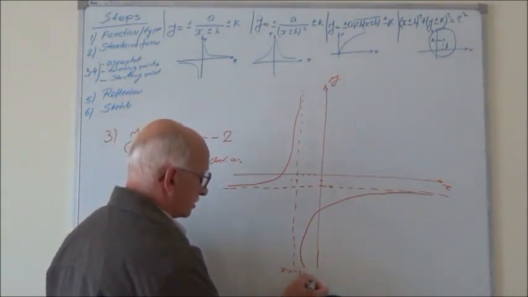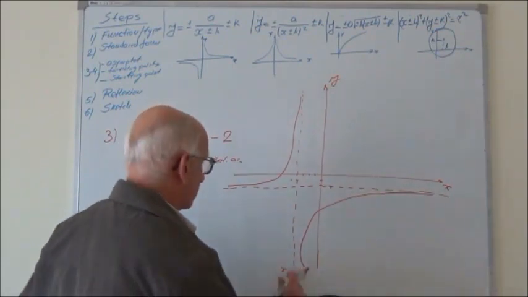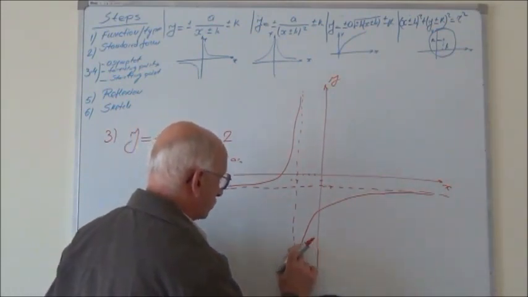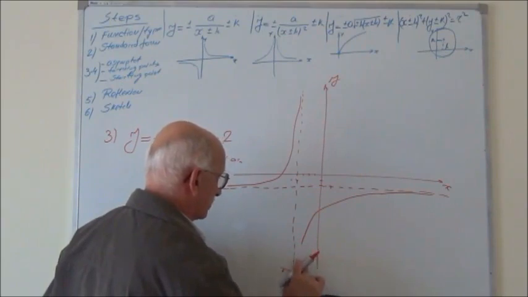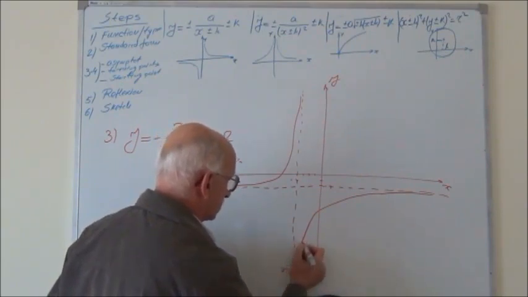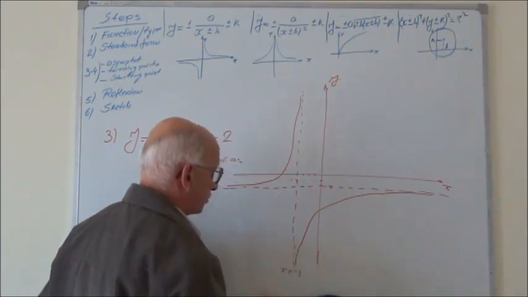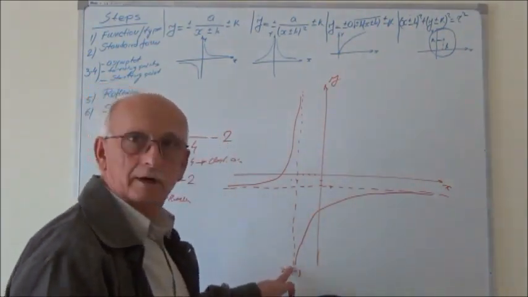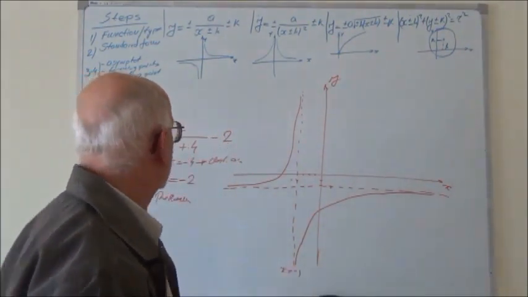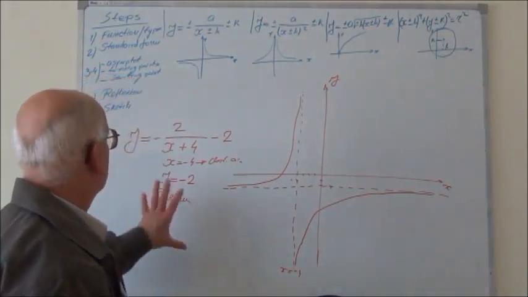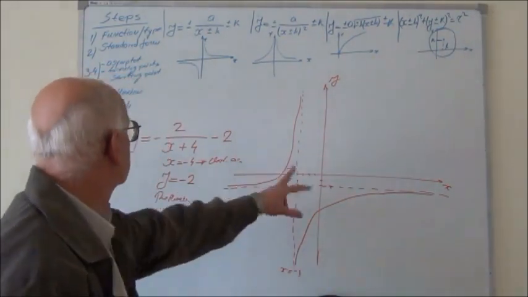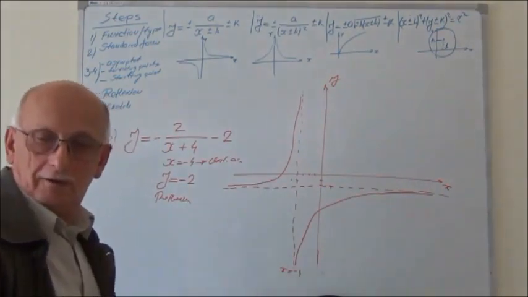From this point it starts going away, and that's why you shouldn't sketch like this on your exam or test. Always slow down a little bit here to make your graph really approach this line. Anyway, this is the graph of that function.